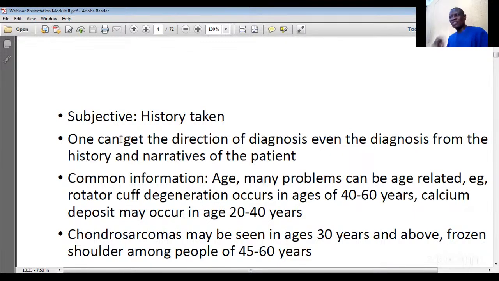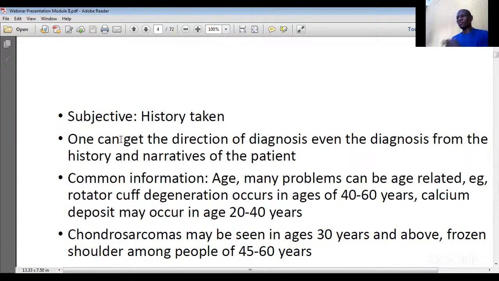That is why you cannot neglect the history taking. You have to take some information, like the age of the patient. Many problems can be age-related. Talking about rotator cuff degeneration, this may occur at the age of 40 to 60 years. Right.